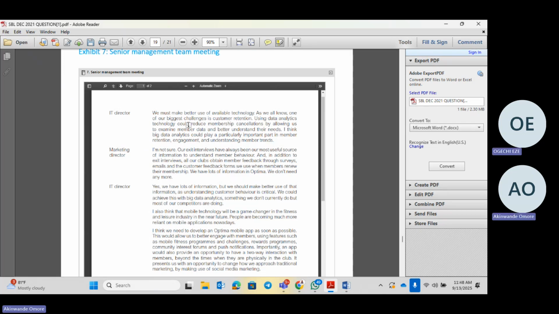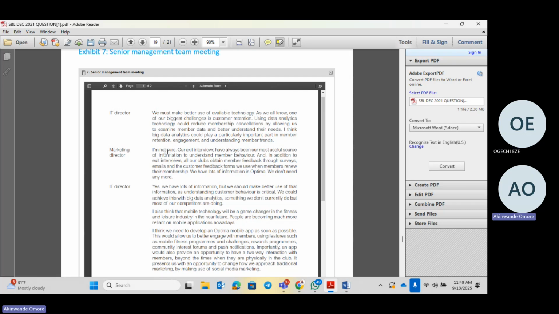If you normally attend dance class and you miss two dance classes, somebody will reach out to you. That is what the IT director is explaining. So you can see that my answer, I pick it from this scenario. I don't need to go and look at past questions or what somebody has done. The answer is here. No cramming. I only use my experience as a gym person to attempt it.